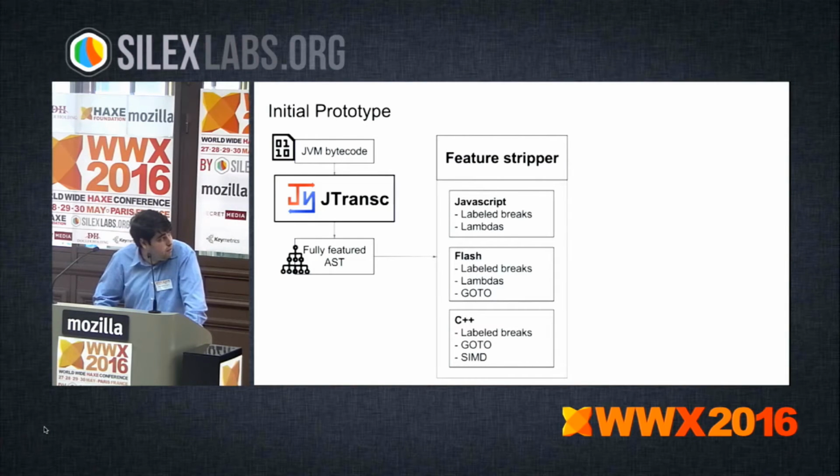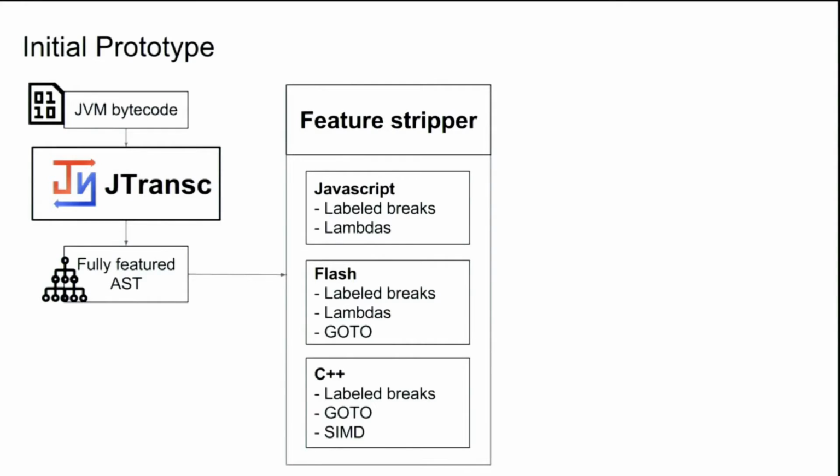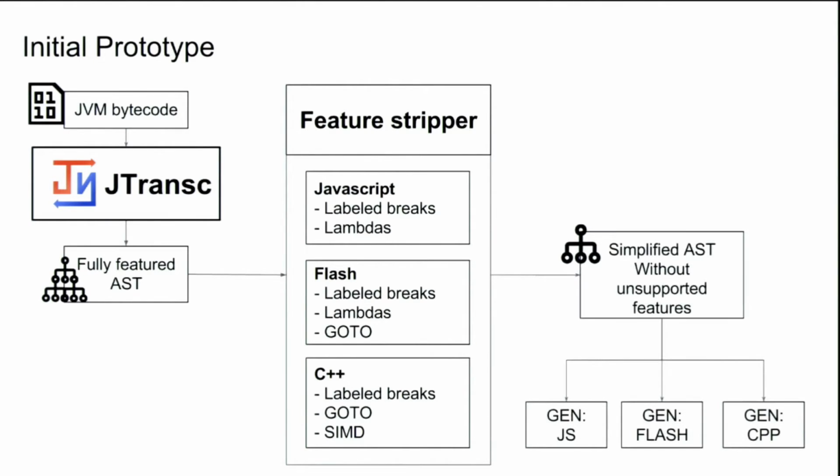And there was a feature stripper that allows you to reduce the features of the AST and generates a simplified AST without the unsupported features of the target languages. So, for example, JavaScript doesn't support labeled break. It doesn't support Goto, so the feature stripper eliminates that.